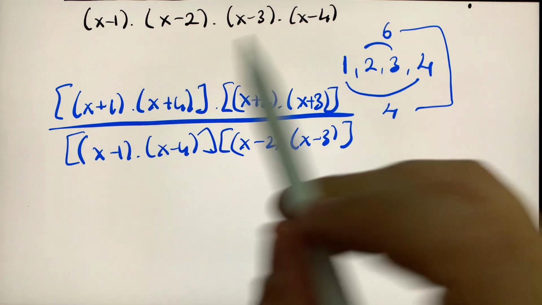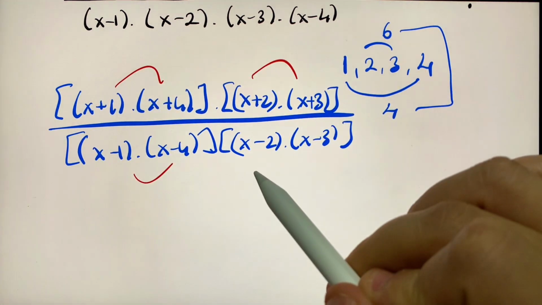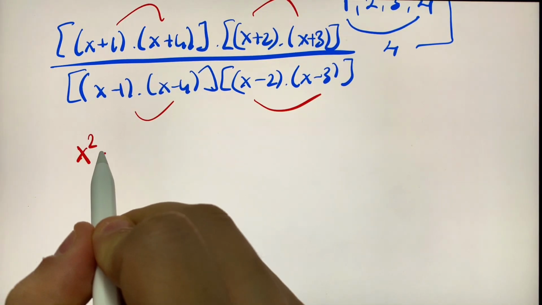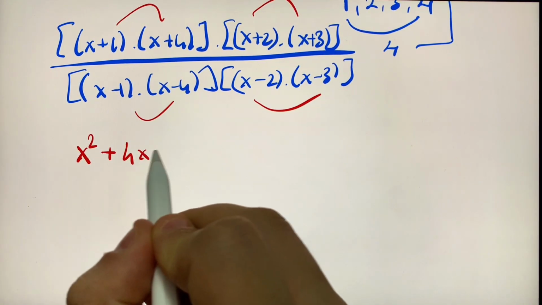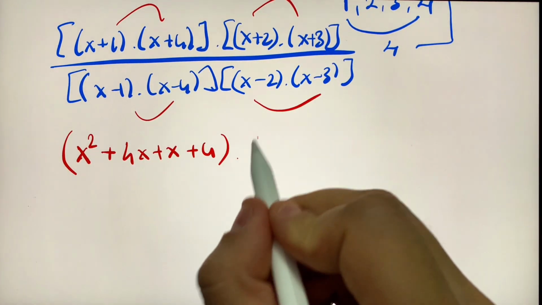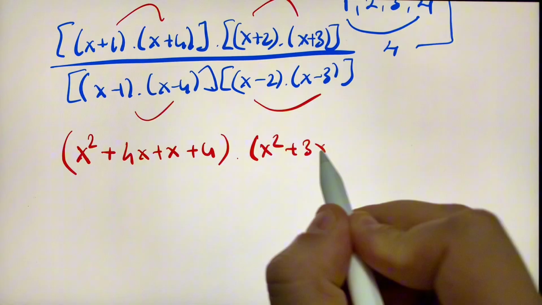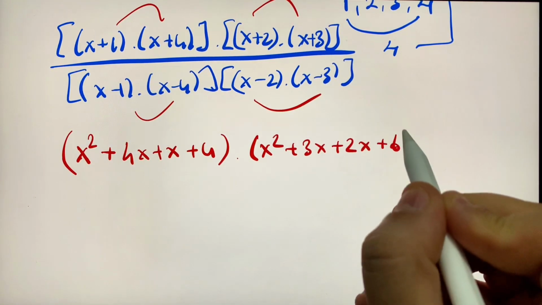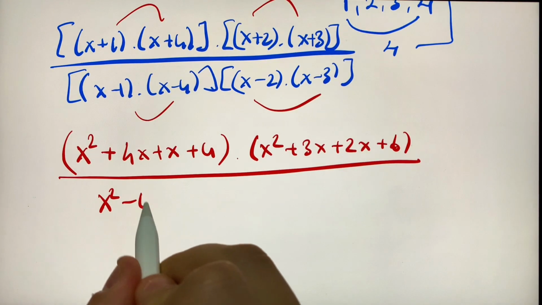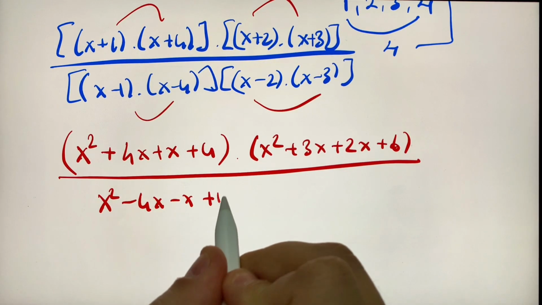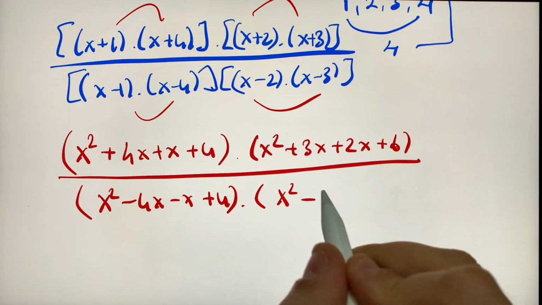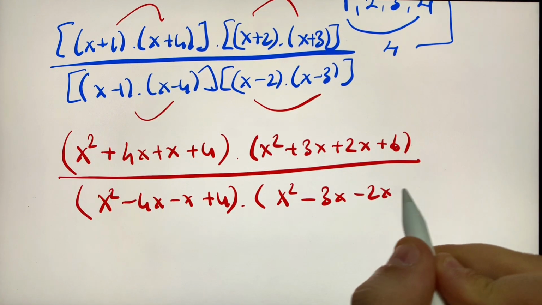Then if I continue, multiply this and this and this by this, and write it out: x squared plus 3x plus 2x plus 6 over x squared minus 4x minus x plus 4, times x squared minus 3x minus 2x plus 6.